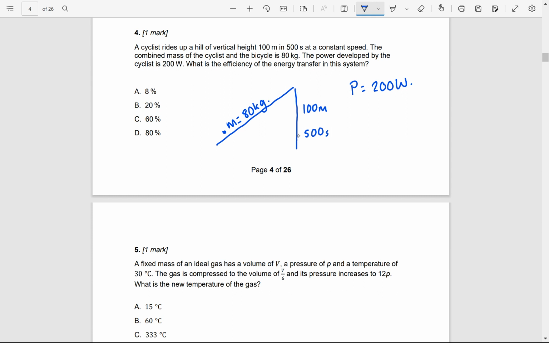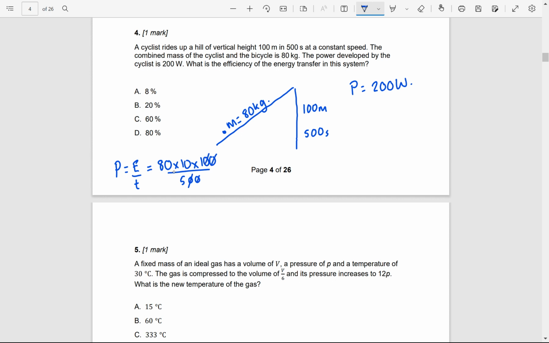So we need to know how much power it actually took to do this, and then divide that by the 200. So we know that power is energy divided by time. And I can see here I've got a mass and I've got a height. So I'm going to go with gravitational potential energy. So it's mgh, and then divided by, the cyclist does it in 500 seconds.